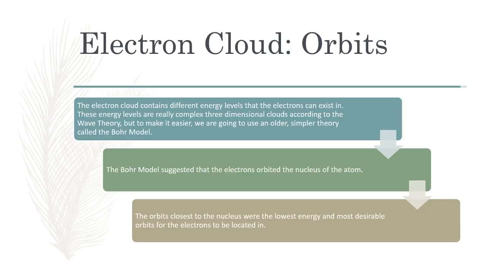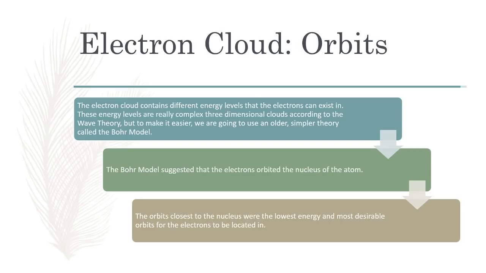It was more of a simplistic picture of electrons cruising around in an orbit, almost like a planet around the sun. That sort of model is a lot easier to get our heads around than these crazy shapes, which is what it actually is. So we're just going to focus on going around in circles right now, okay? And that's really where we're going to keep it for our class.